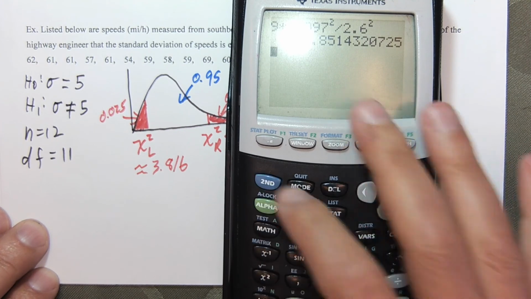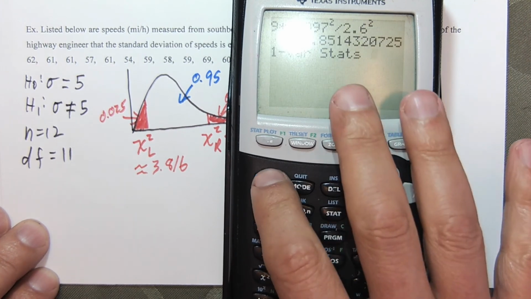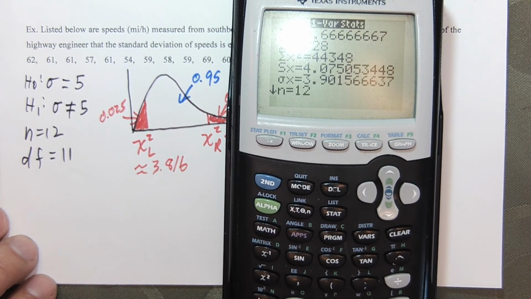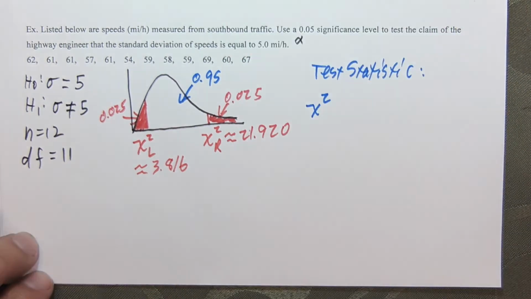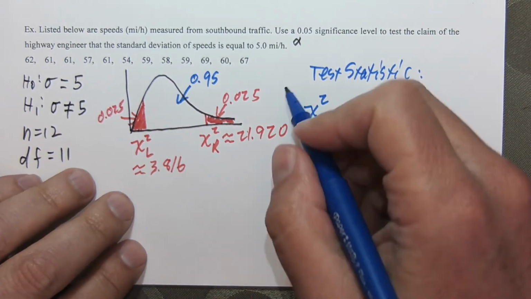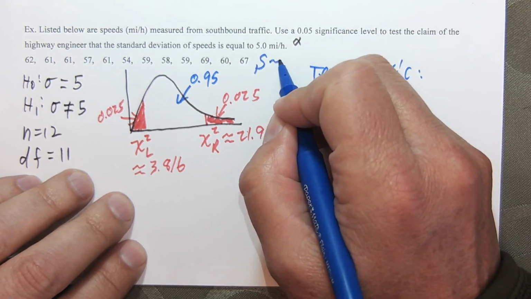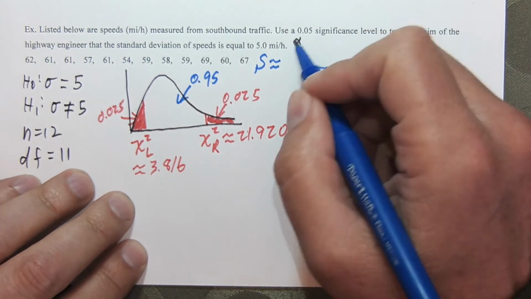So I'm going to run one-variable stats on my list 2. If you put it into your list 1, then you would do it against list 1, of course. And there's my standard deviation. The standard deviation of the sample is about 4.075.